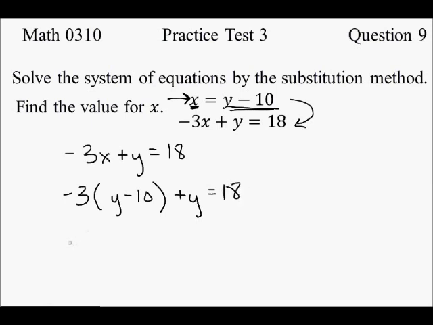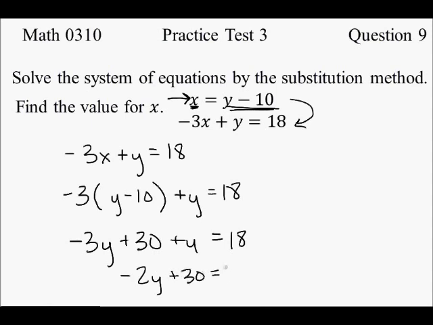Negative 3 times y gives us negative 3y. Negative 3 times negative 10 is a plus 30. Plus y equals 18. Combining our y's, negative 3y and plus 1y gives us negative 2y plus 30 equals 18.